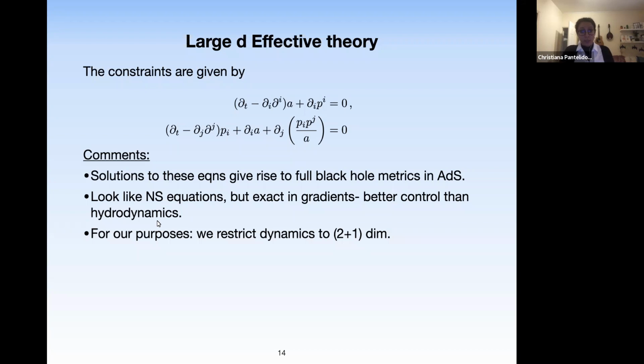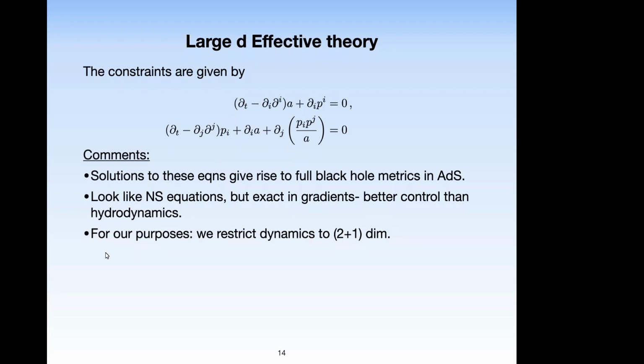They can be either acausal or ill-defined or unstable, so they have undesirable features. And then what we typically do is to modify these equations in order to remove these unwanted features. But what you're doing really is changing the microscopic theory. Here, we do not have to do any of this because our equations are exact in gradients. Good question.